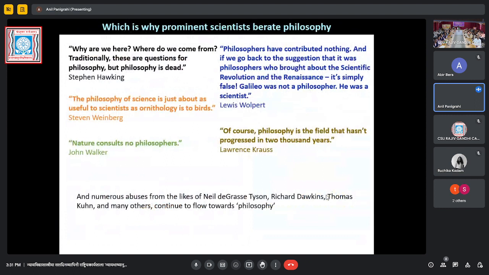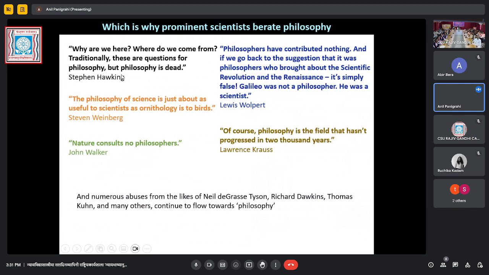So that is why the scientists criticize philosophy. And here are a few examples of different quotes that these scientists have given.